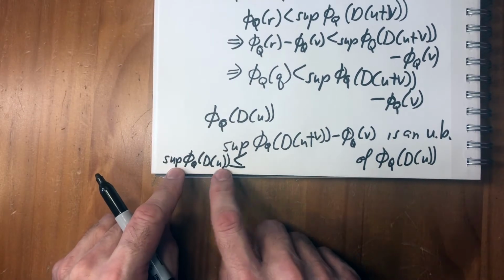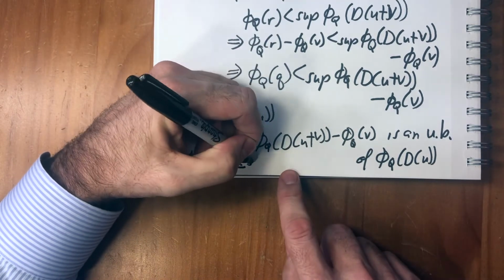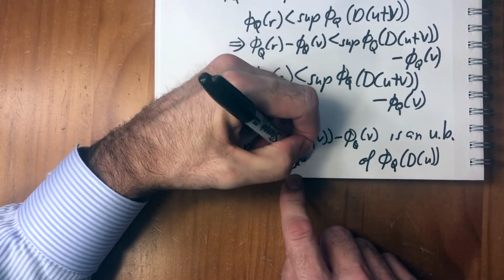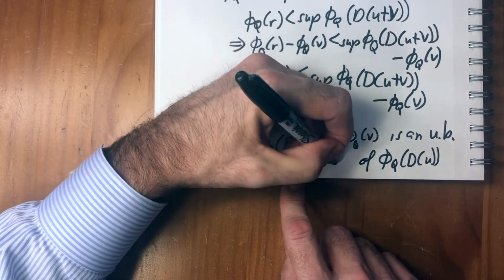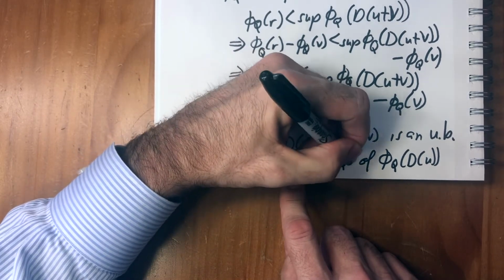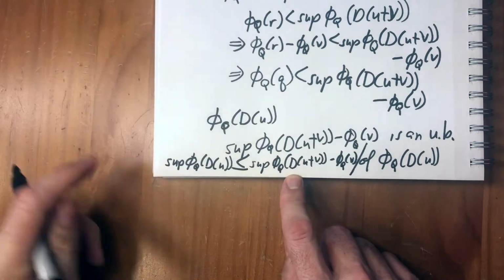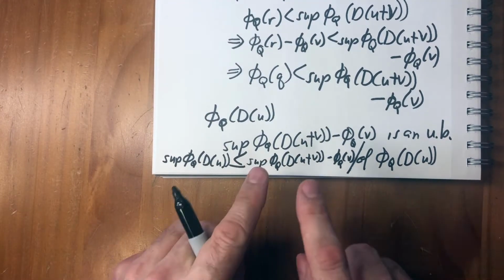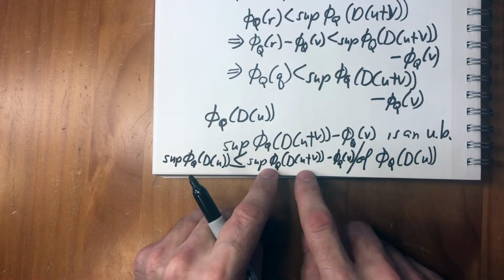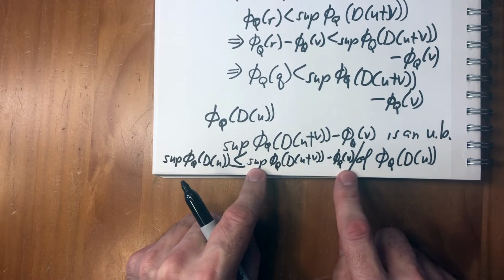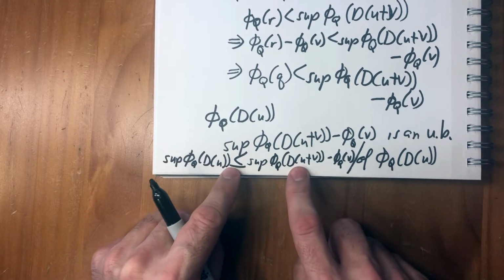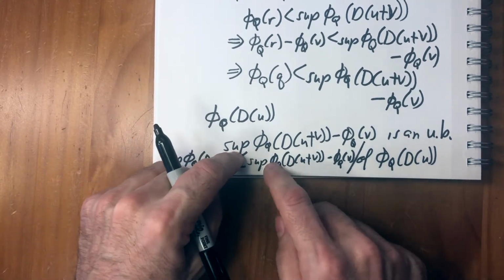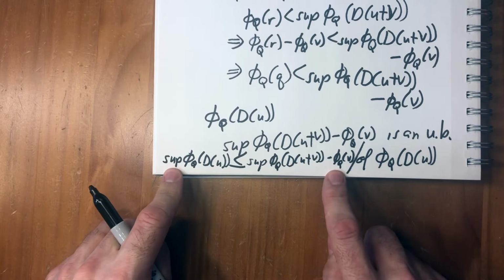So this has to be less than or equal to this, supremum of phi q du plus v minus phi q v. Okay? So we're almost there, but we're not there yet, because all we know so far is that this is an upper bound. It's either greater than or equal to this, but we've got to show that it's not greater than so that they're equal.